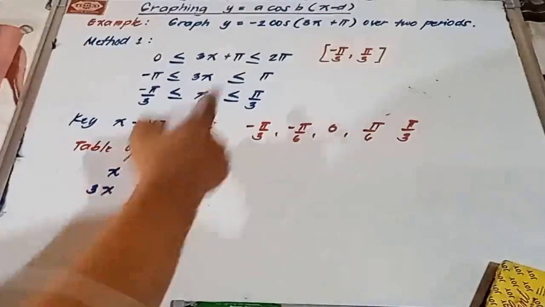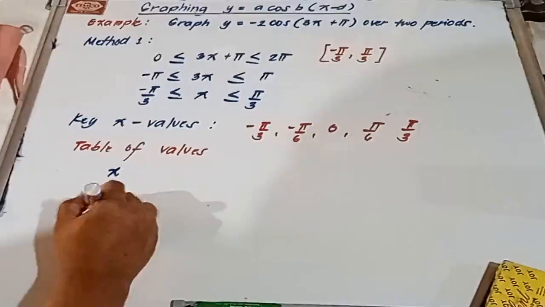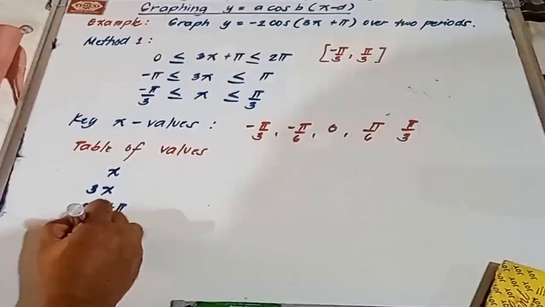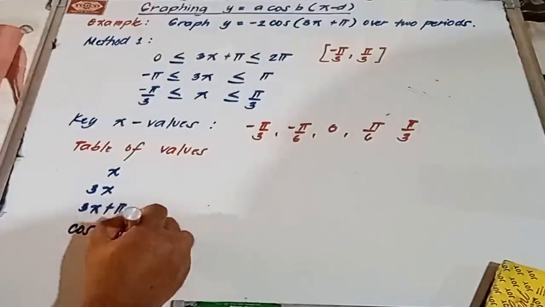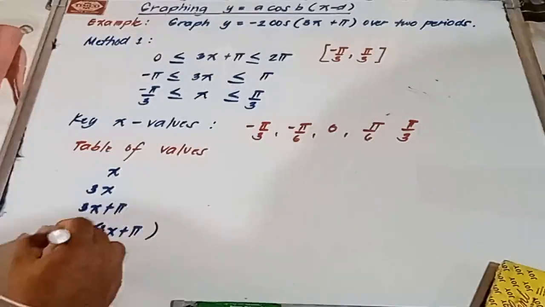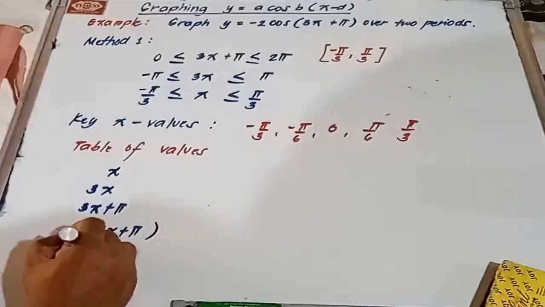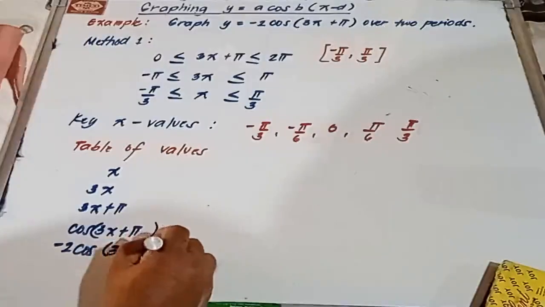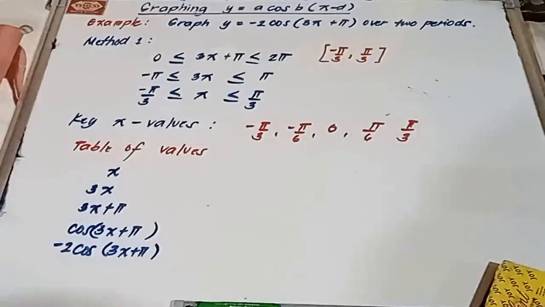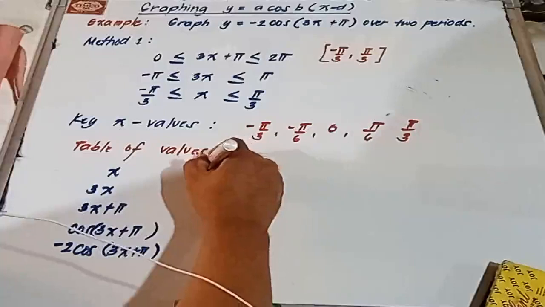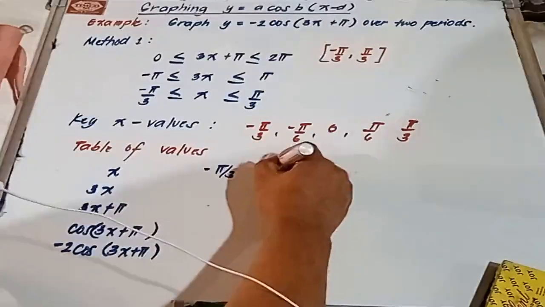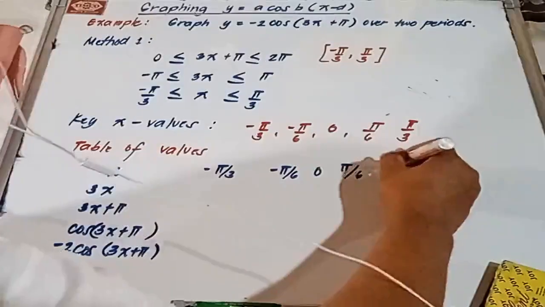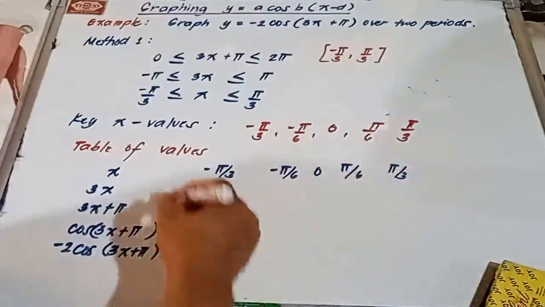We have here 3x plus pi. Then, we have cosine 3x plus pi. And the last one is negative 2 cosine 3x plus pi. Then, lagay natin yung mga x values natin: negative pi over 3, negative pi over 6, 0, pi over 6, pi over 3.